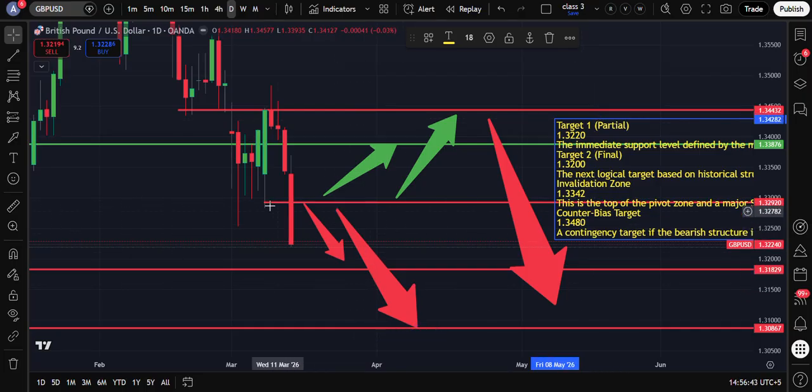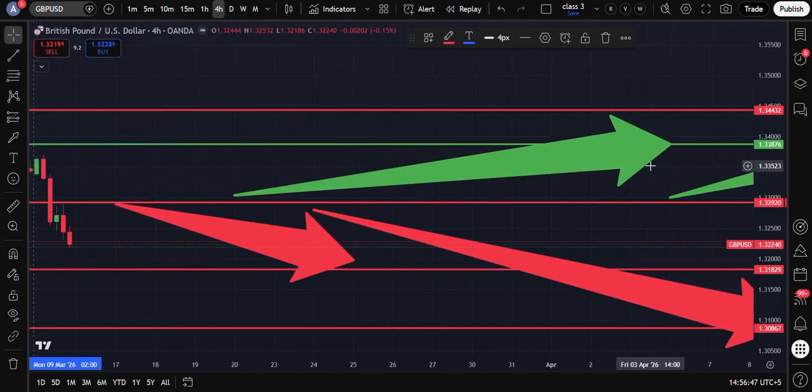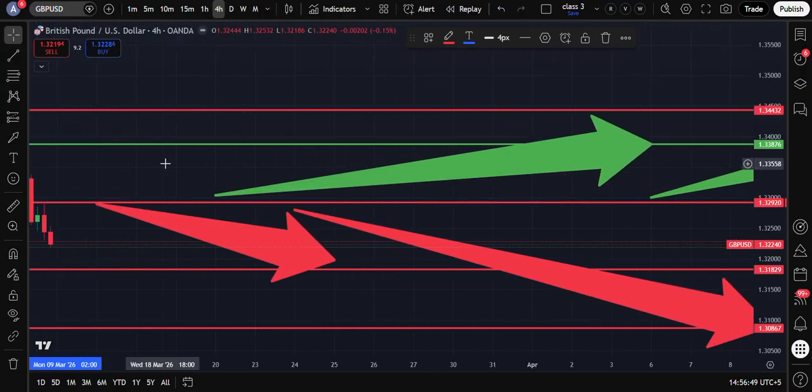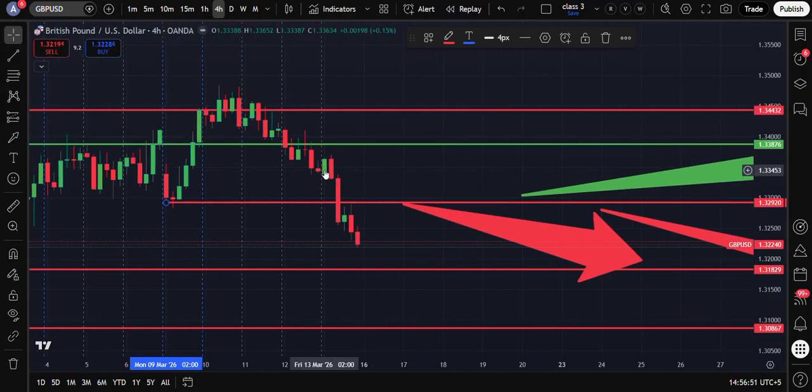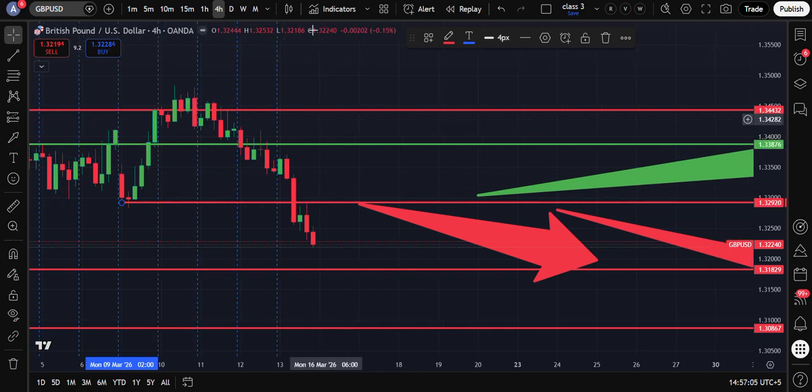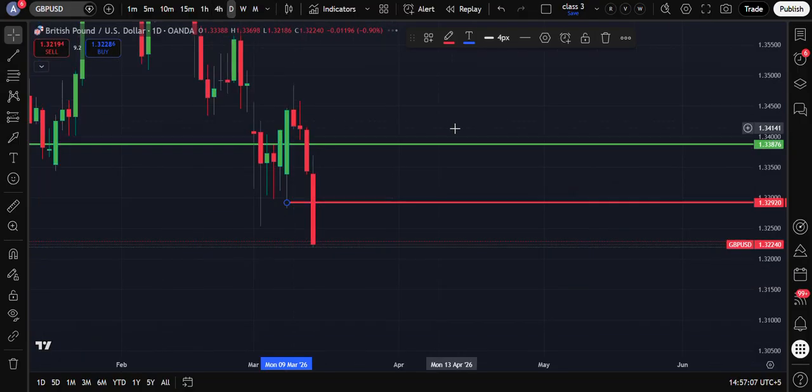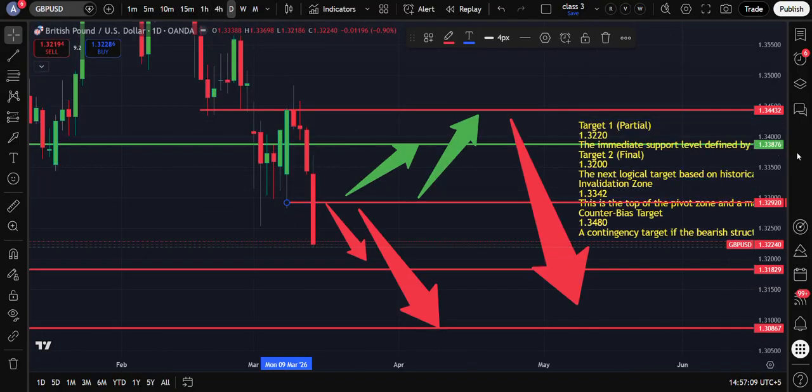Basically, it's located somewhere else. Let's go down to the 4H to find the exact level. 1.3342. Basically, it's using this candle high. I can understand that level. So we get back to the daily chart.